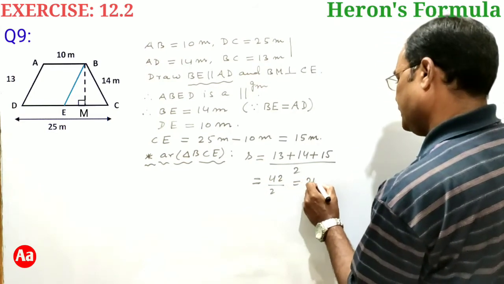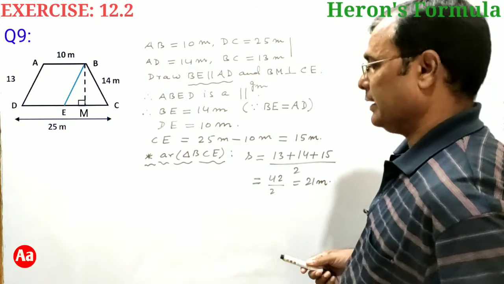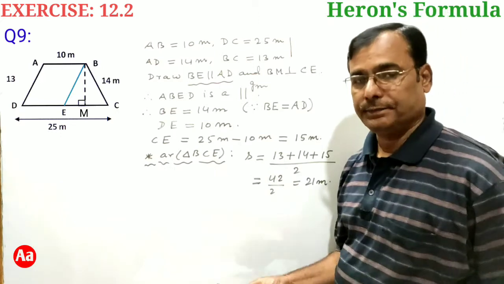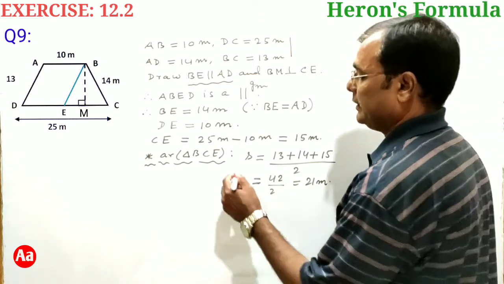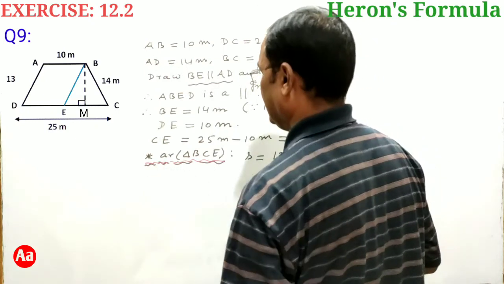This is 21 meter. Semi-perimeter of triangle BCE.